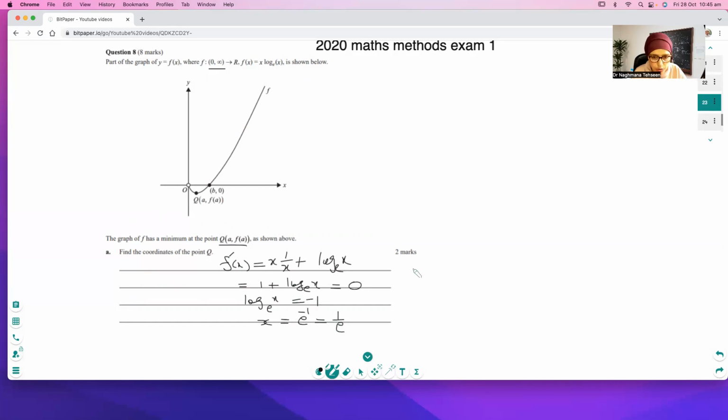So if x is 1 over e, what would be the y? y would be equal to 1 over e log e of 1 over e. And that will give me negative 1 over e log e e, and that is equal to negative 1 over e. So that means the Q point should be 1 over e and negative 1 over e. So that's the point Q.